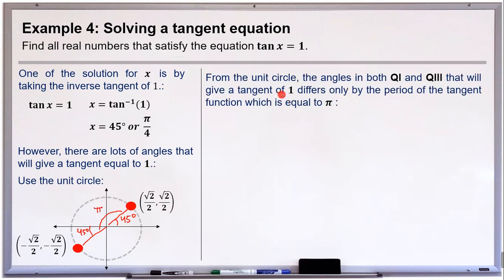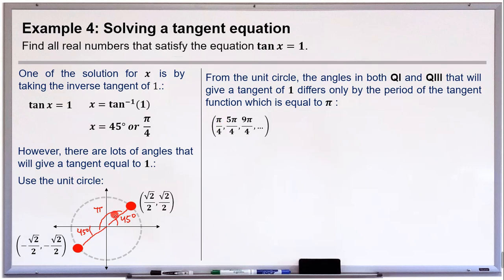So from the unit circle again, the angles in both quadrant 1 and quadrant 3 that will give a tangent of 1 differ only by the period of the tangent function that is equal to pi. So the angles for both quadrant 1 and quadrant 3 can be represented by this notation. Starting with 45 degrees, that's pi over 4.